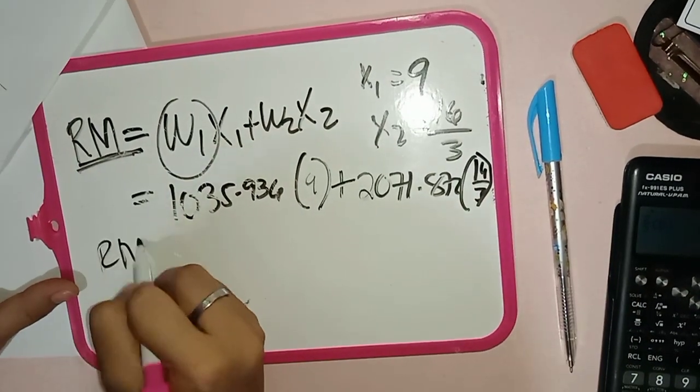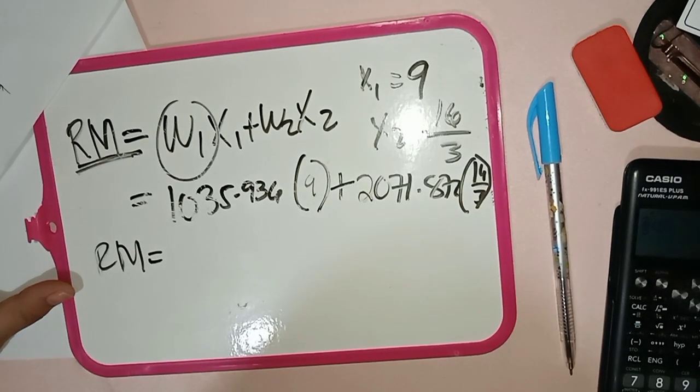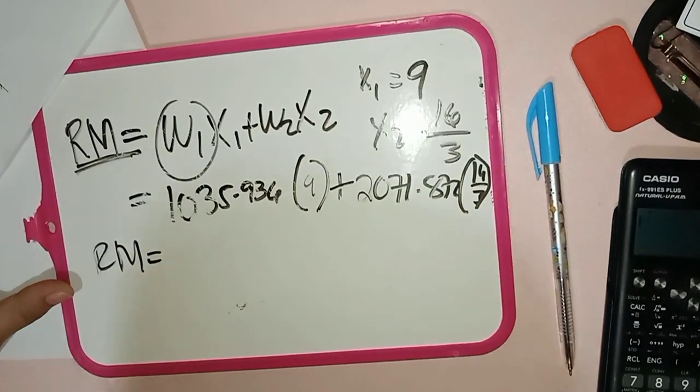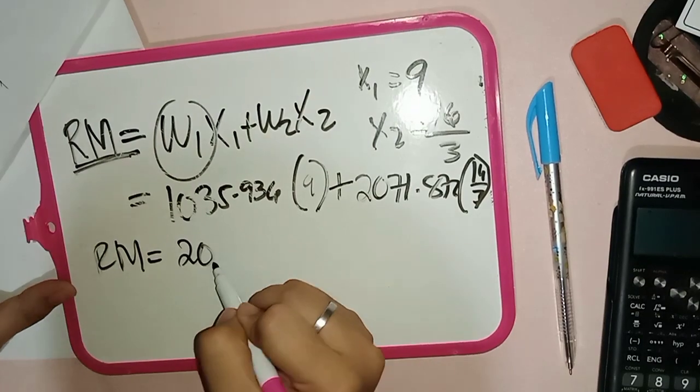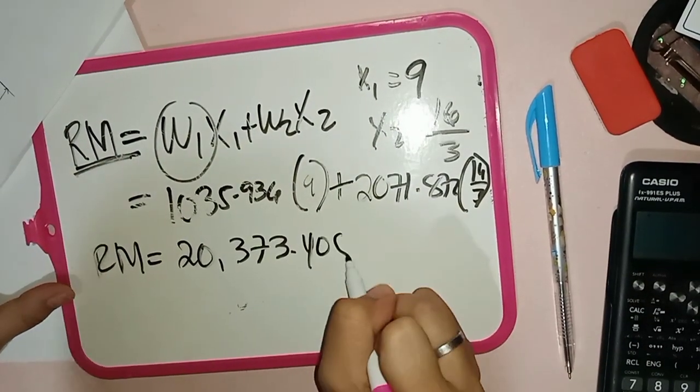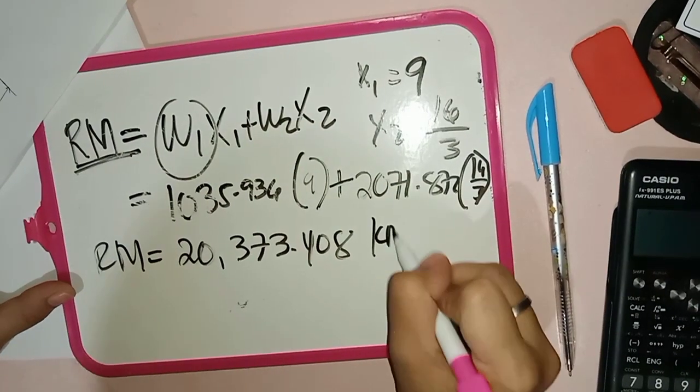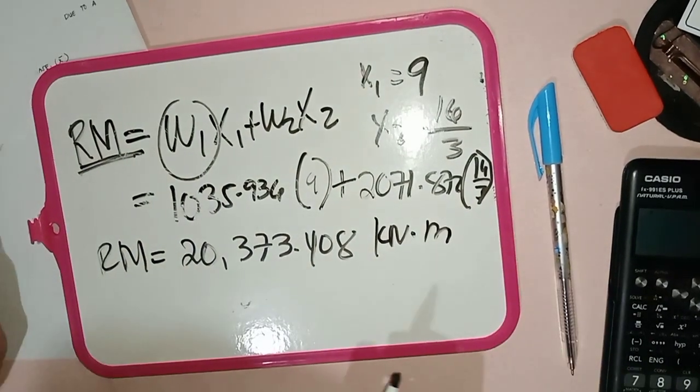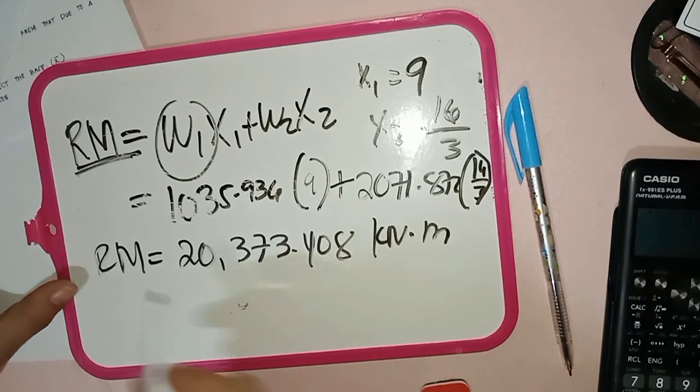If we compute that all together, it will be 20,373.408 kN·m. So we have our righting moment.